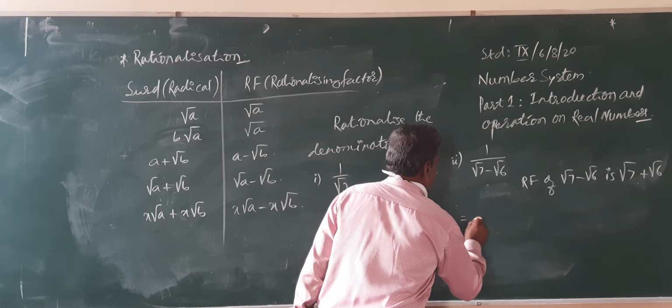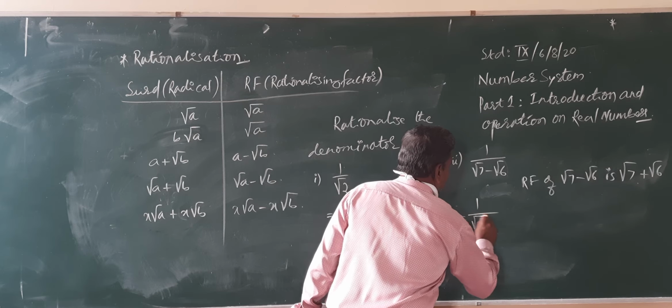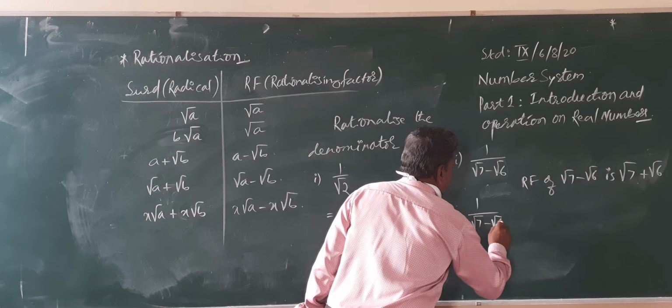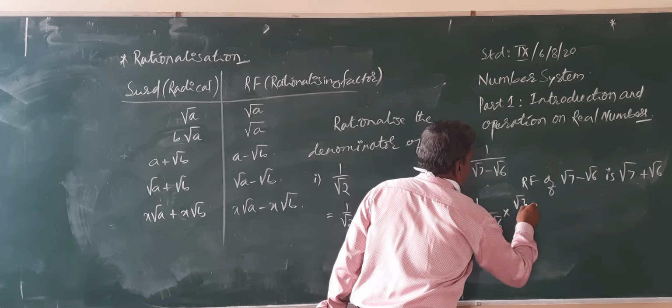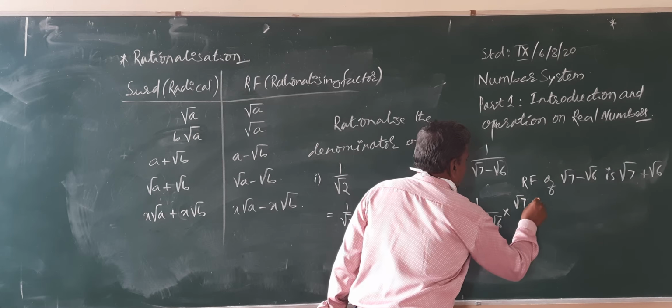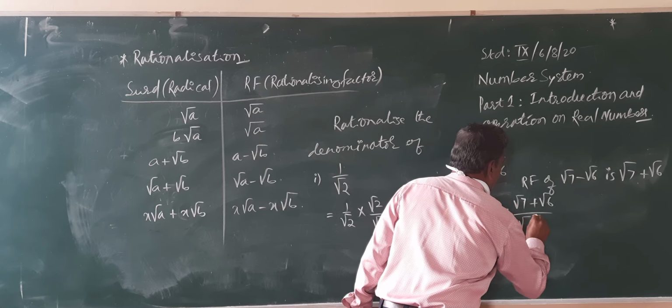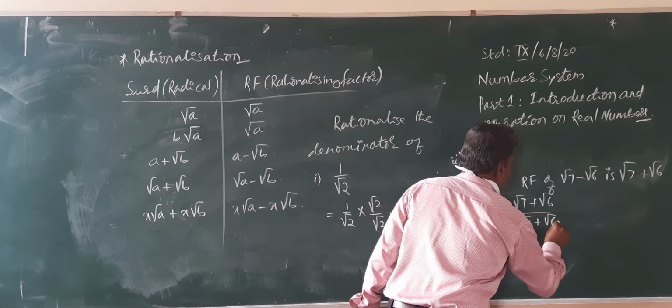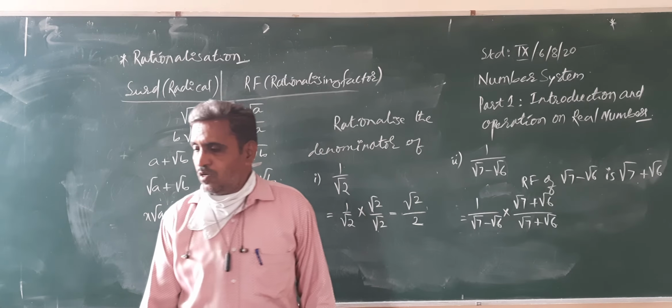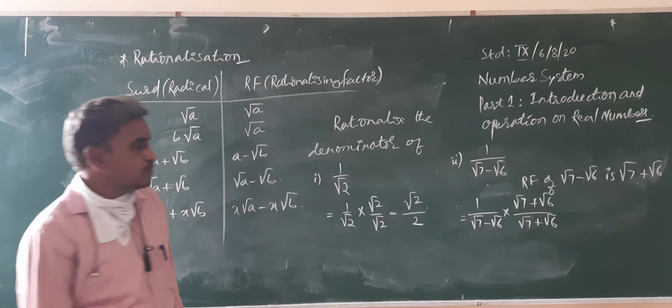Multiply and divide: 1 upon root 7 minus root 6 into root 7 plus root 6 divided by root 7 plus root 6. Means no change at all. So that is very important.